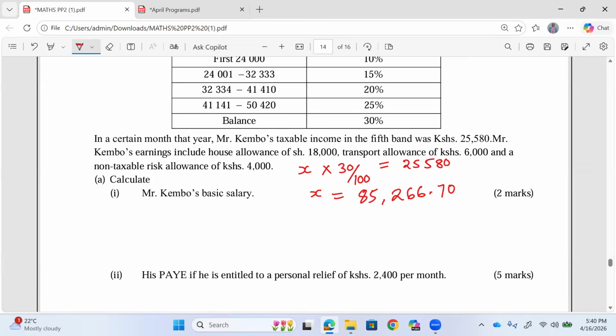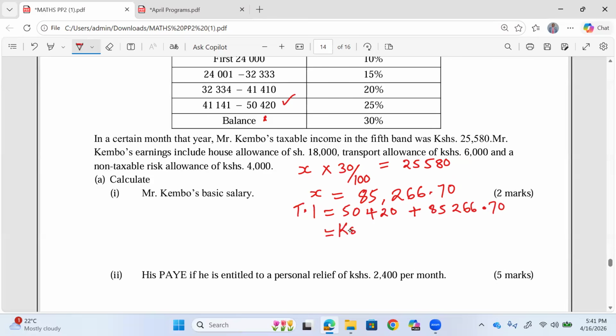That's the amount that lies in the last bracket, meaning that his total taxable income is going to be, before we tax anything in the last bracket, we have already taxed up to 50,420. So we add the amount that lies in the last bracket, which is 85,266.70.